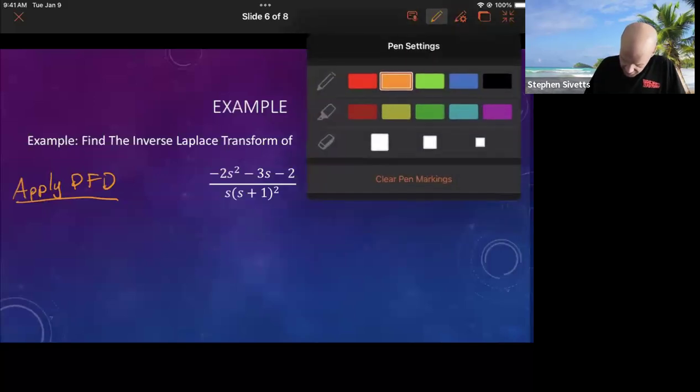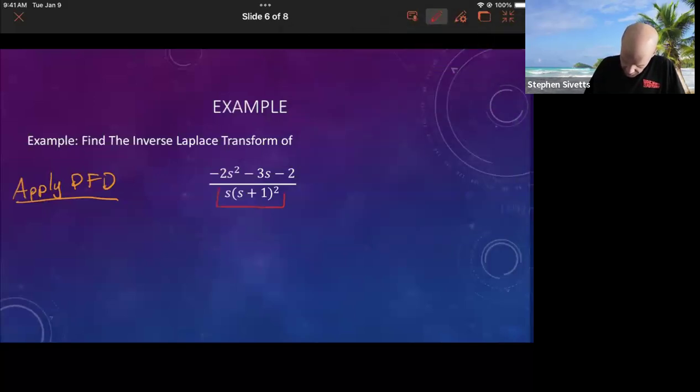If you notice, the denominator is 0 where s is equal to 0 with multiplicity of 1, and where s is equal to negative 1.